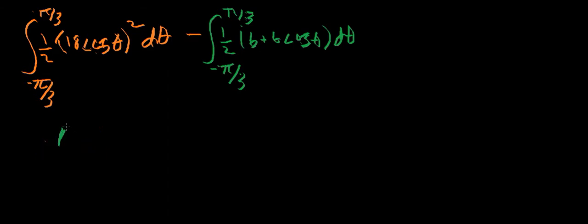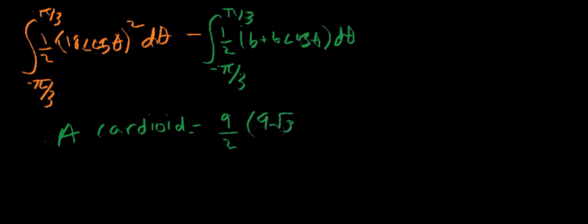So the area of the cardioid, which I just wrote out, but wanted to write in a different color, is 9/2 times the same thing as I wrote before, √3 plus 4 pi, which again is approximately 126.70.